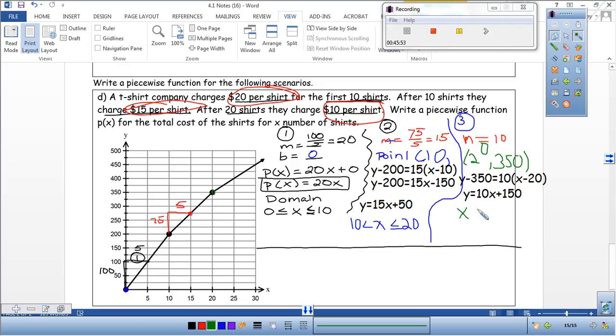Can it equal 20? How much am I paying for that 20th shirt? Am I paying $10 or $15? After 20 shirts, they charge $10. So if I have 20 shirts, what am I paying? So it cannot equal 20 here.